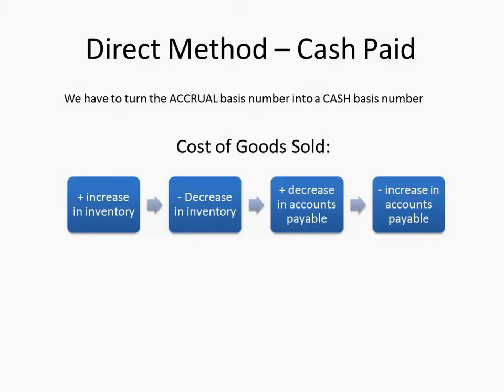So the intuition here is you have cost of goods sold, and you look at the corresponding balance sheet accounts. You add any increase in inventory, alternatively subtract any decrease in inventory. It will be one or the other. You subtract any increase in accounts payable or alternatively add any decrease in accounts payable to come up with cash paid for merchandise.